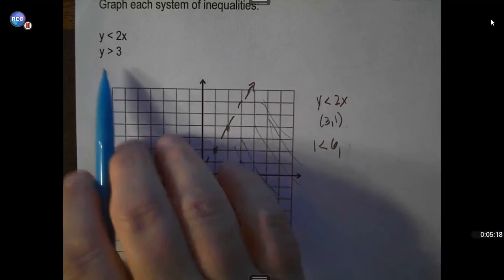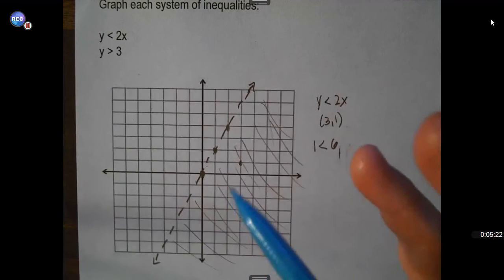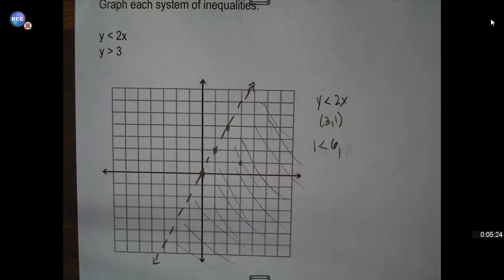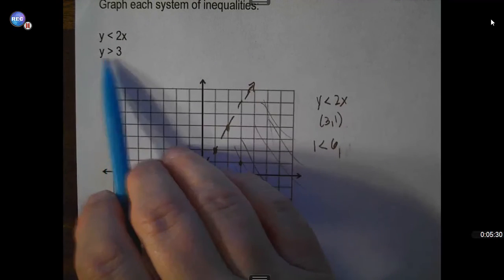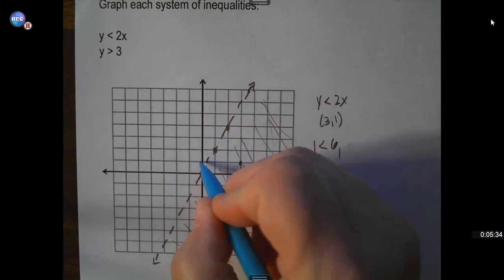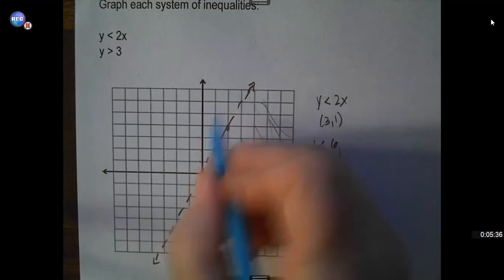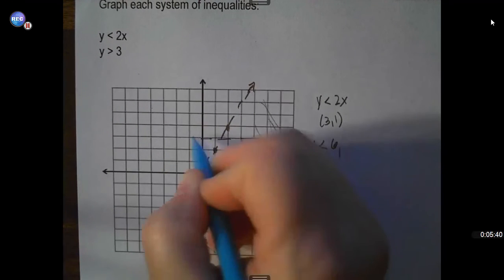This other line doesn't have an x with it. So if you recall, y equals lines are either horizontal or vertical. The ones that have y only are horizontal. So this is the horizontal line through 3 on the y axis. So here's 3 on the y axis. It too is going to be a dotted line.